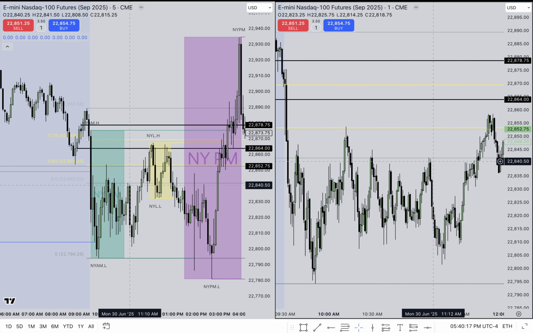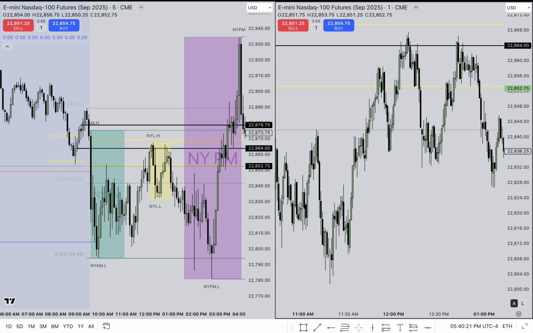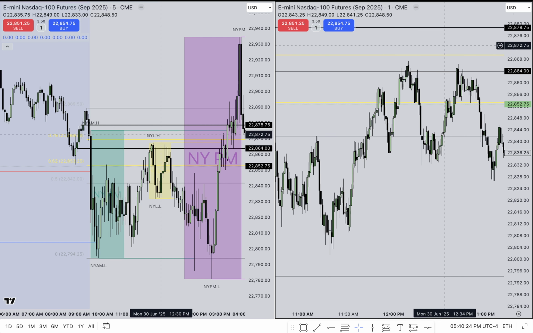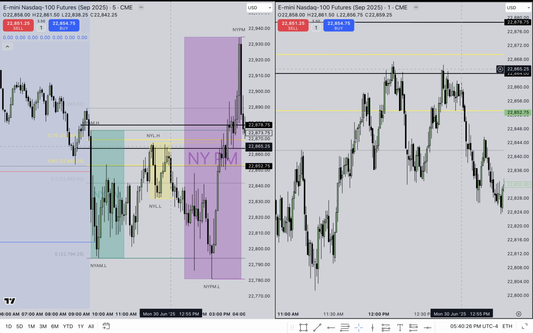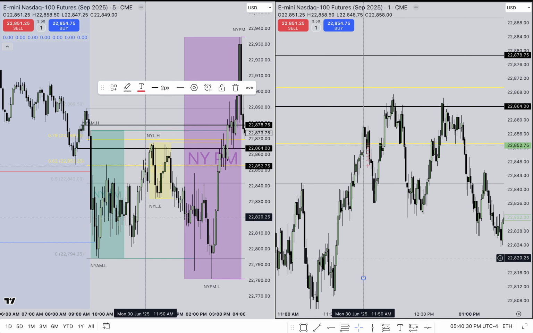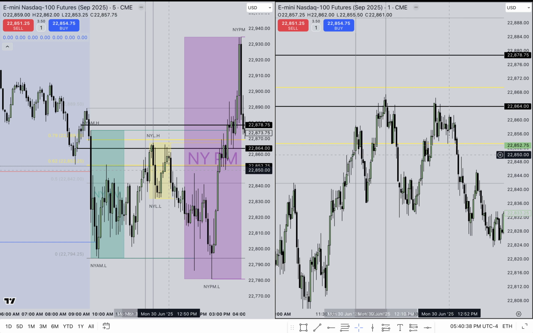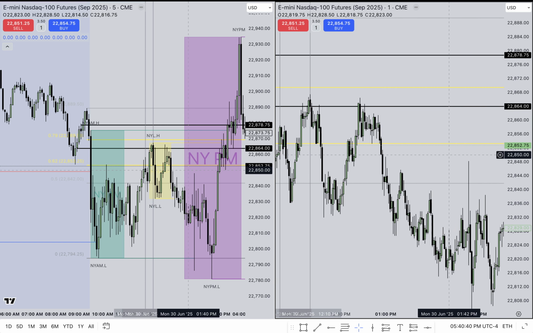So anyways, I would enter at the first black line and put my stop at the second. Only entering during macros, so right here, I could have entered right here. Yeah, that's about it.